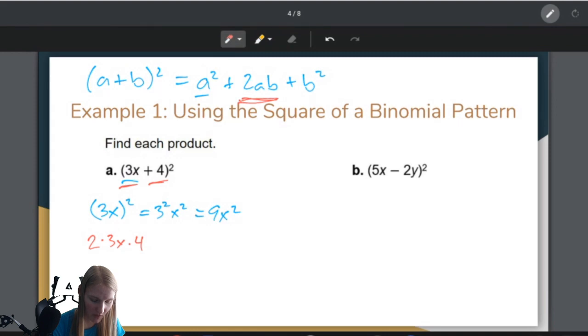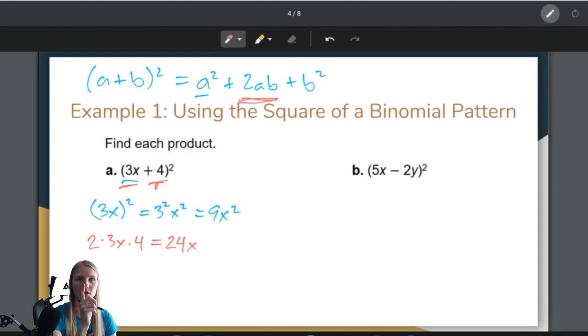So 2 times 3x, because that's first, times 4, because that's second. Let's see, 2 times 3 is 6, and 6 times 4 is 24, and that x will come along for the ride. So how I did that was 2 times 3 is 6, and then 6 times 4, 24.